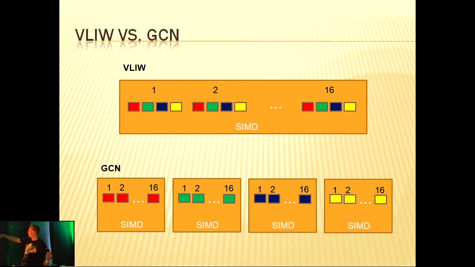The VLIW had a single SIMD with 16 different lanes, and each lane had, I'm depicting four units here, but it can do 5 at a maximum. So you had 4 different instructions running in parallel. But the GCN has 4 different SIMD units, each of which has 16 ALUs, each executing a single instruction on 16 data units, work items.